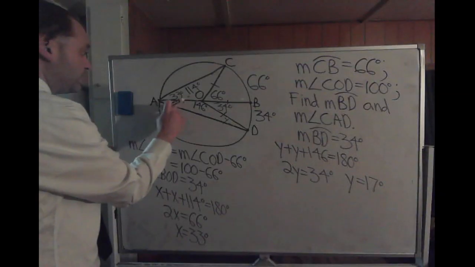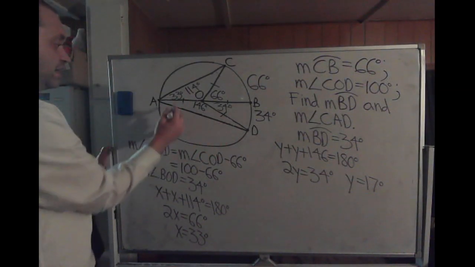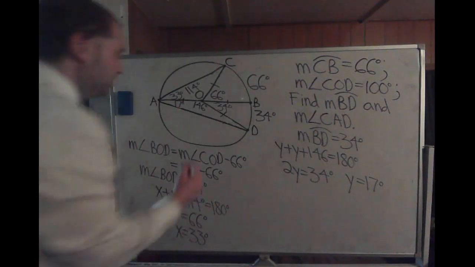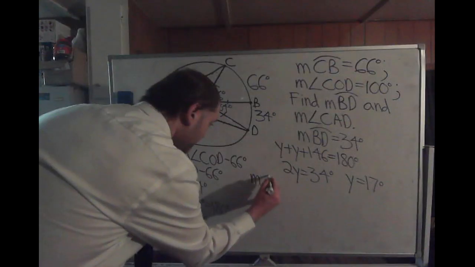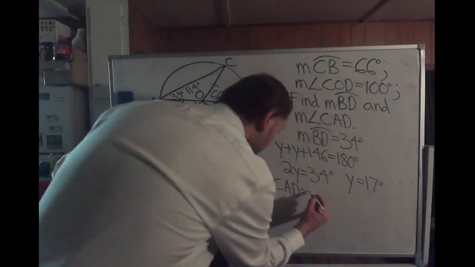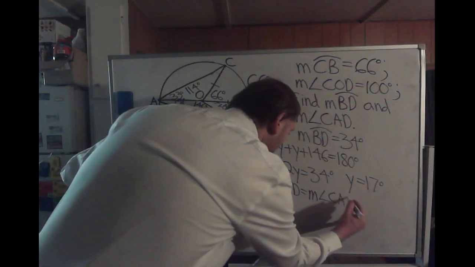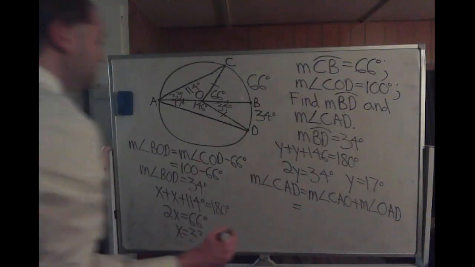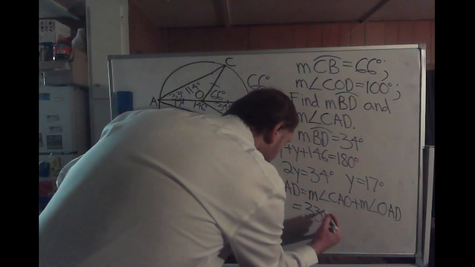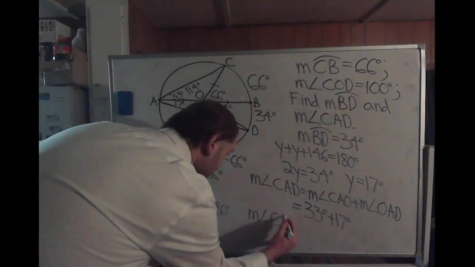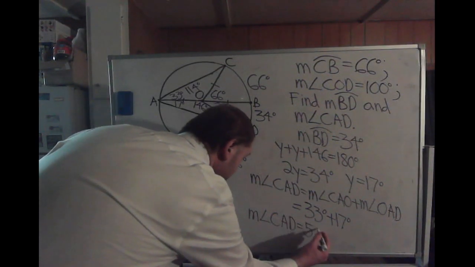So we only care about the half that's part of angle CAD. So now you have two parts of angle CAD. You have 33 and 17. So the measure of angle CAD is equal to the measure of angle CAO plus the measure of angle OAD, which would have to equal 33 degrees plus 17 degrees, which means the measure of angle CAD would have to equal 50 degrees.